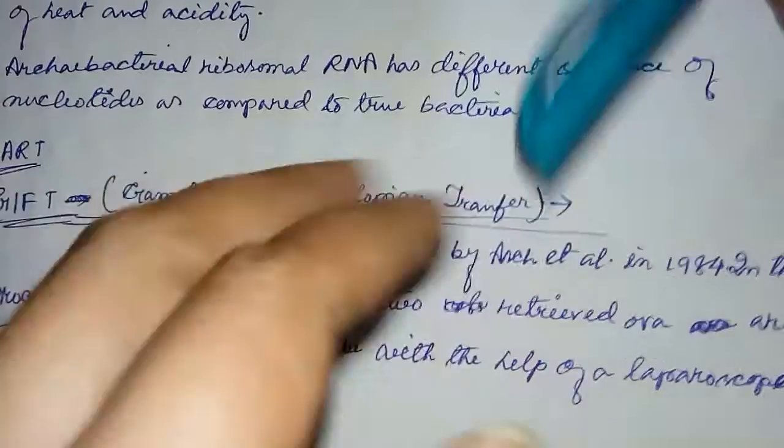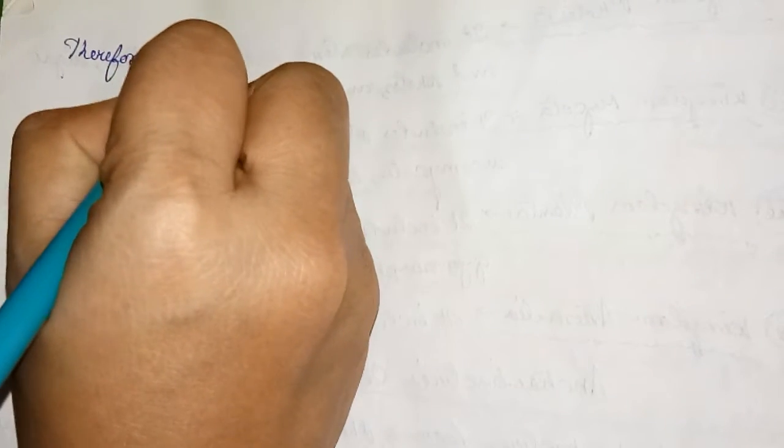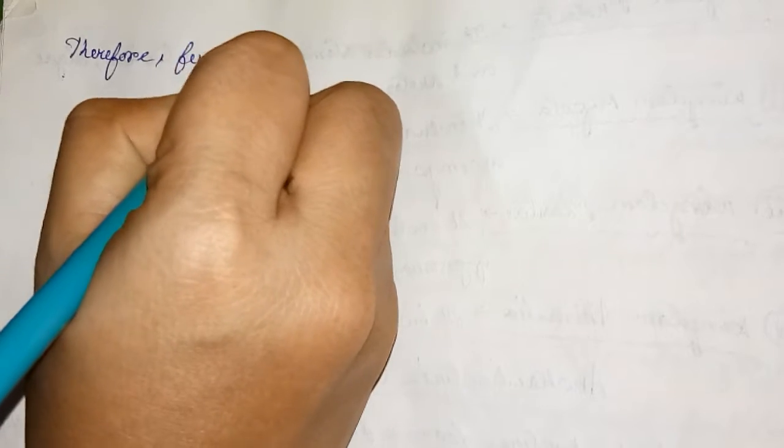Therefore, fertilization occurs in the fallopian tube.